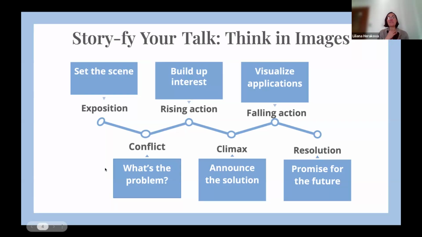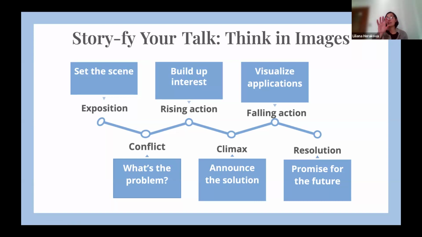We like to think about this, and you can trace this in this talk as well, as really storifying your talk. If some of you have taken public speaking classes, you probably have seen suggestions for different organizational patterns. Here, we like to suggest a little bit of a different approach, really building on one of the most classic ways to organize stories, because in your presentation, you are telling a research story.